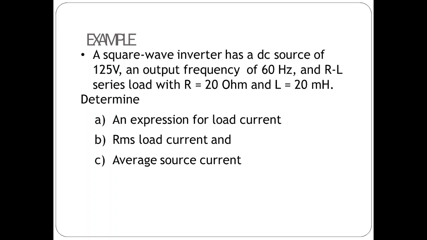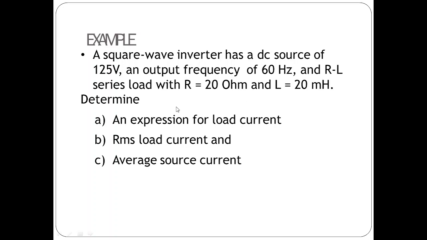Now this square wave inverter is given a DC source of 125 volts. The given data says that the 125 volts DC source is taken and an output frequency of 60 Hz is taken. The RL series load values are also given, R equal to 20 ohms and L equal to 20 millihenry.